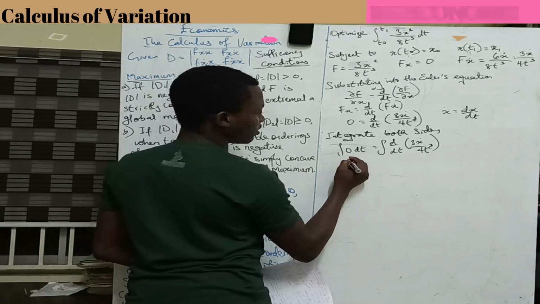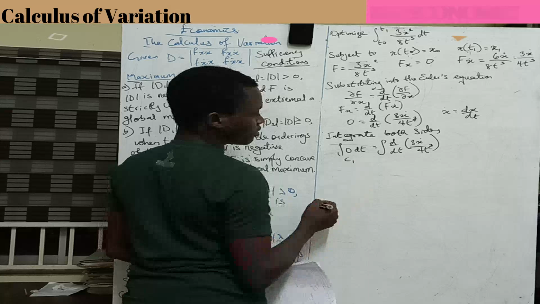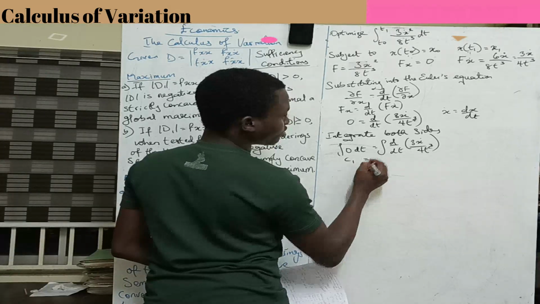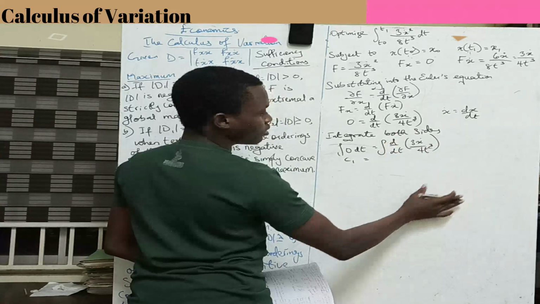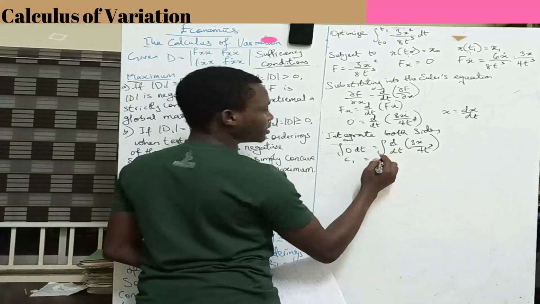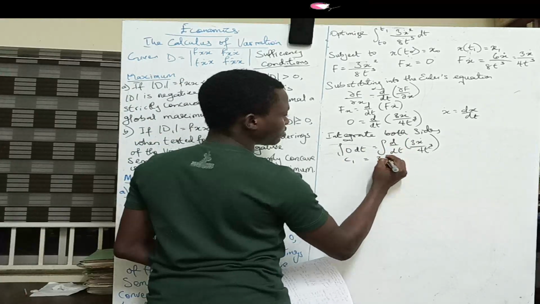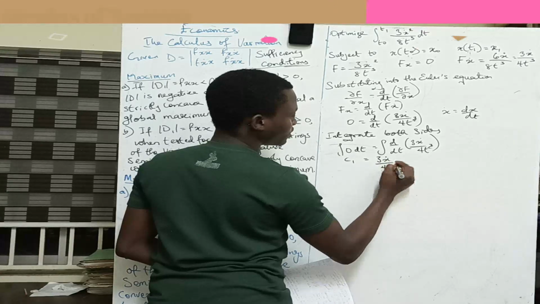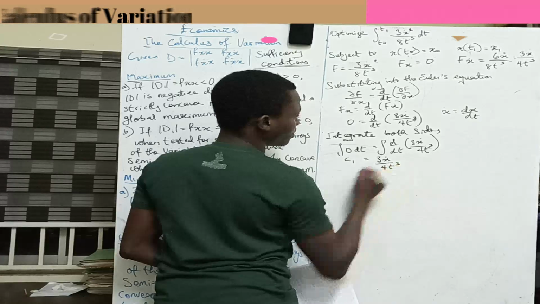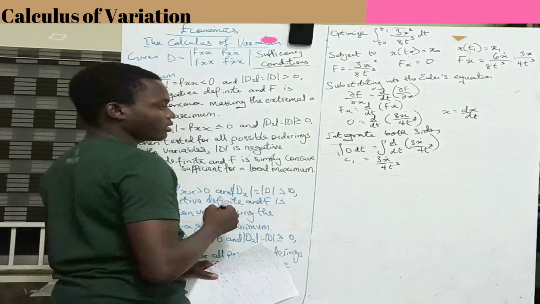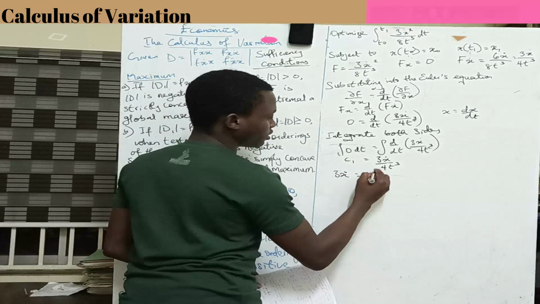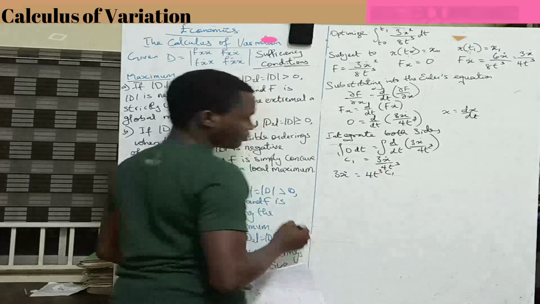Okay, so we have c1 equals, now the integral cancels the differential, so we are just left with 3x dot over 4t raised to power 3. Okay, so from here, 3x dot is equal to 4t raised to power 3 c1.